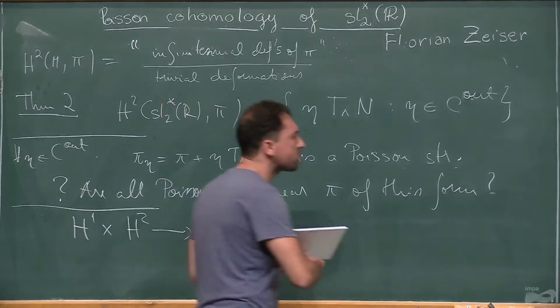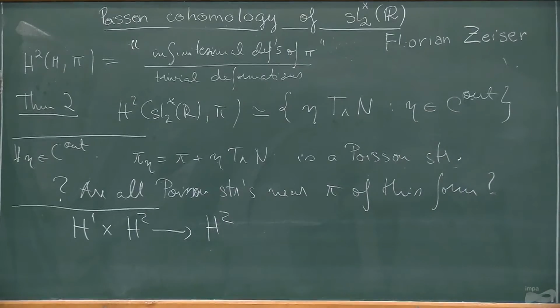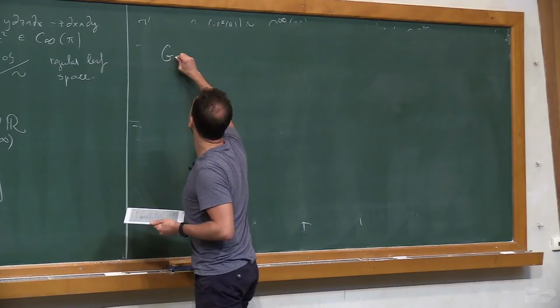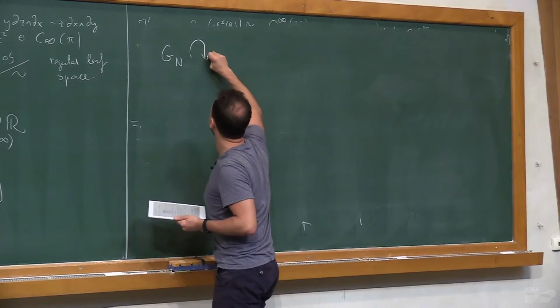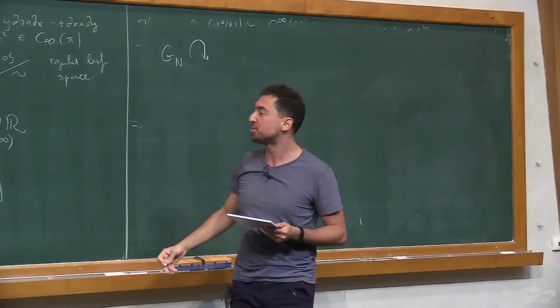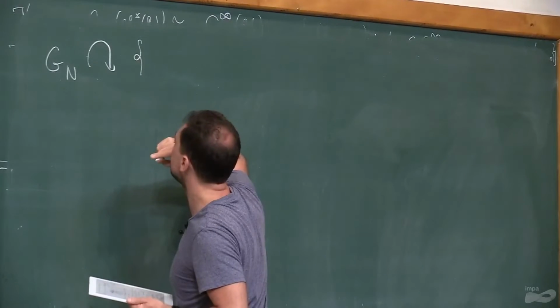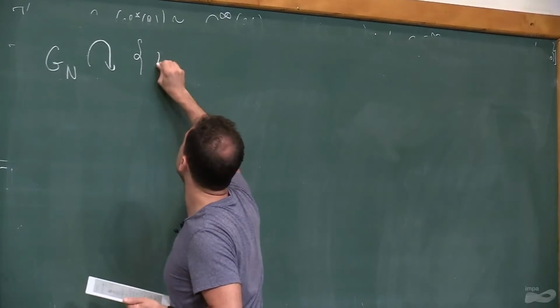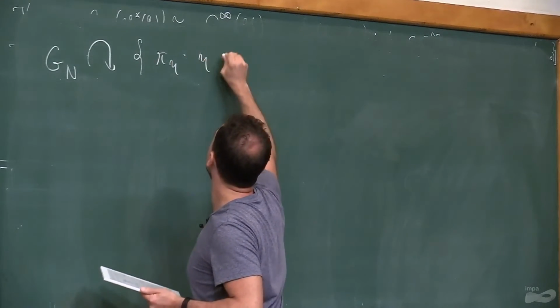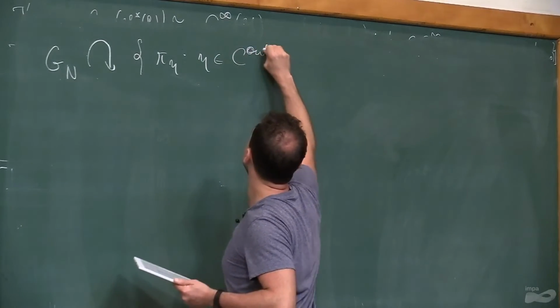And in our case, this group Gn acts on all these Poisson structures. Right, so Gn still acts. Well, the GT part doesn't act on these Poisson structures, but Gn acts, or the action of GT on this pi eta, where eta is in C out, is trivial.